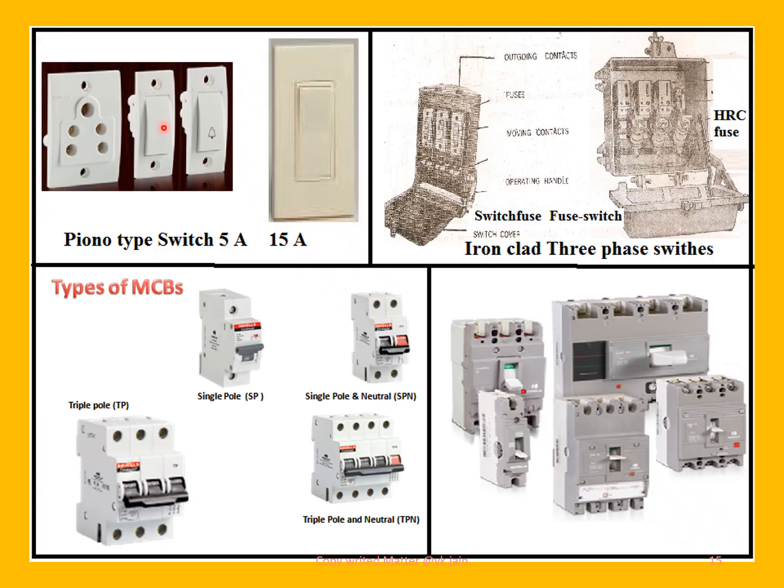Now, as compared to this 5 ampere, the 15 ampere piano type switch may be slightly bigger, and it is one unit complete. Say in previous years we had been using ironclad three-phase switches, and now these are almost obsolete except in some systems. You may find them in some old systems.